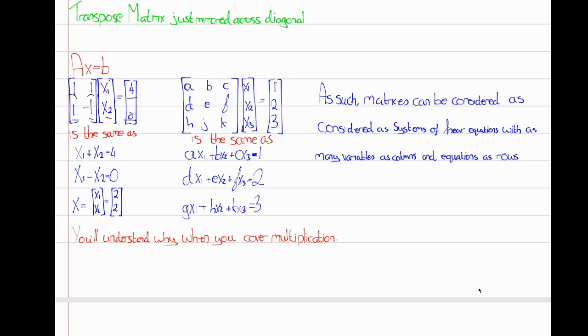D times x1, e times x2, f times x3. So you can consider a matrix multiplied by some vector, assuming the vector is full of variables, as some system of linear equations that we can solve in the same way we would have solved simultaneous equations in algebra.